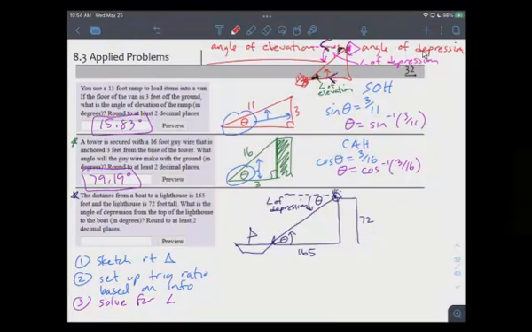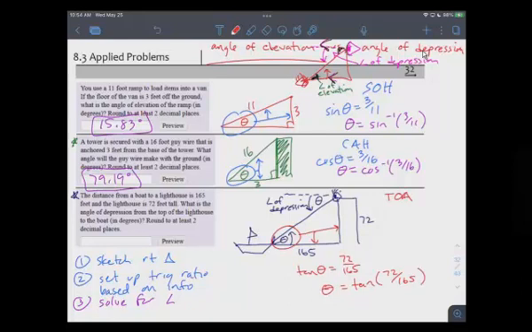With respect to the right triangle that we created, we have an unknown angle, an opposite leg, and an adjacent leg. Which trig ratio relates opposite and adjacent? TOA, the tangent. So the tangent of theta is equal to opposite over adjacent. If we're solving for our unknown angle, we'll take the inverse tangent of that ratio.